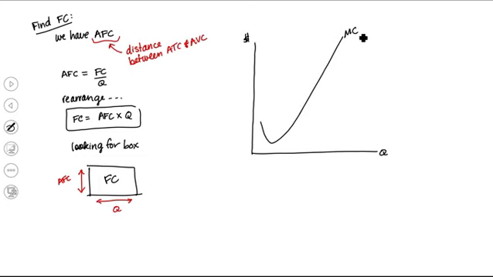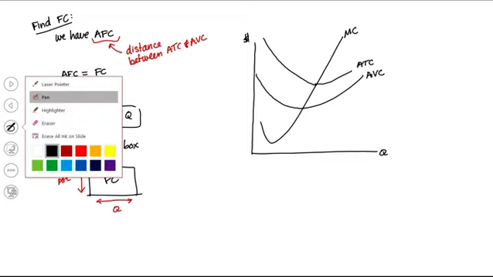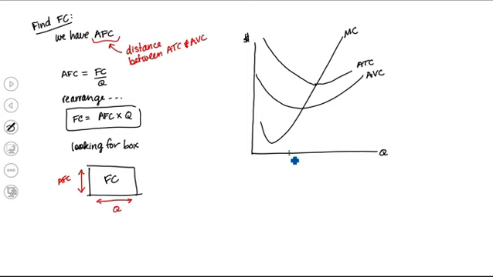So marginal cost, average variable cost, average total cost. So I need all the curves. And let's put Q0.